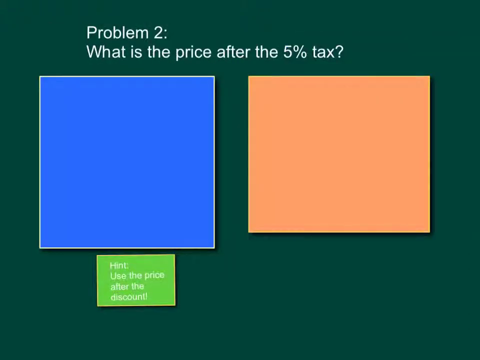Okay, so the second problem out of my large problem is, what is the price after the 5% tax? So I have a nice hint here. My hint tells me use the price after the discount. So when I set up my two-way table, I'm going to use the price that I got after that discount. And I'll place that here. That's $60.